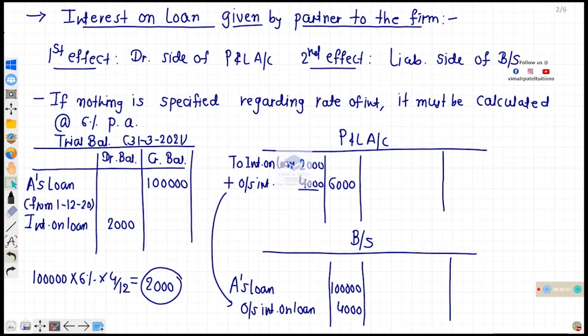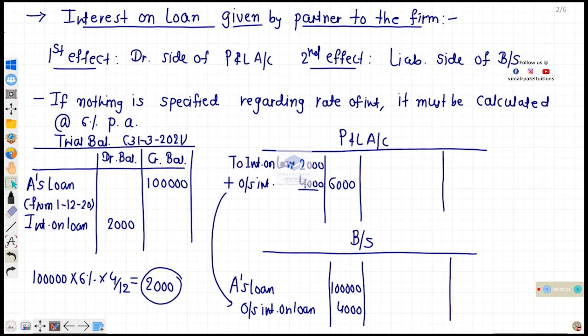Now this will have four effects. First, on the debit side of trading account from purchase you will subtract goods destroyed by fire 10,000. Insurance company is going to give you 60%, that is 60% of 10,000, 6,000. So on the asset side, insurance company claim 6,000.